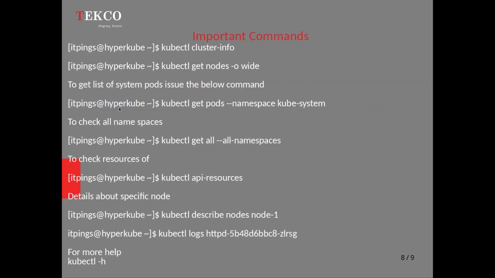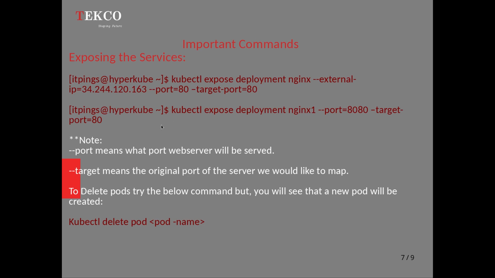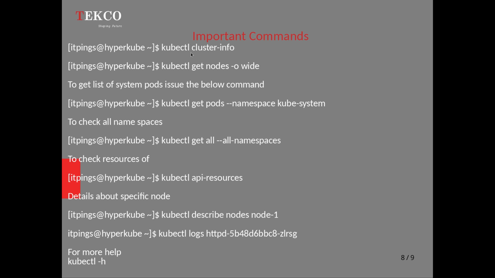Okay, so back to our notes. We have already seen how to delete the pods, and we've already seen this command. These are some important commands. So, kubectl cluster-info. Let's take a look.